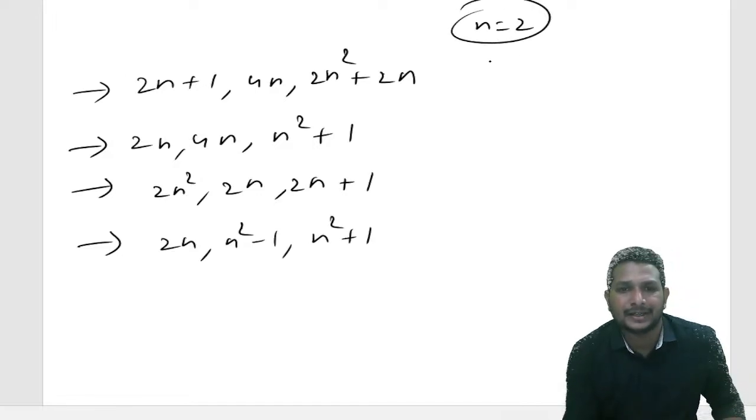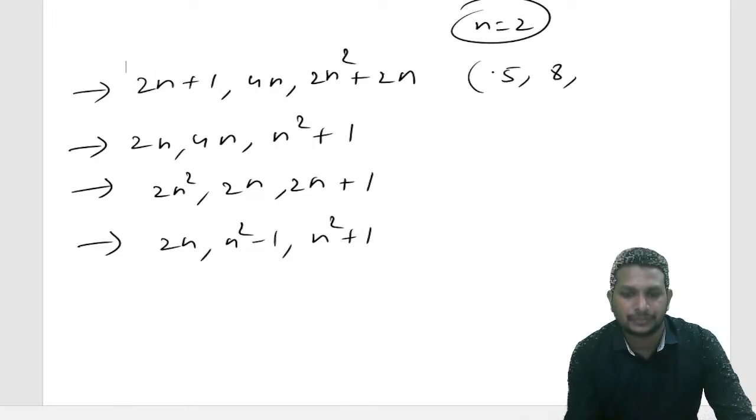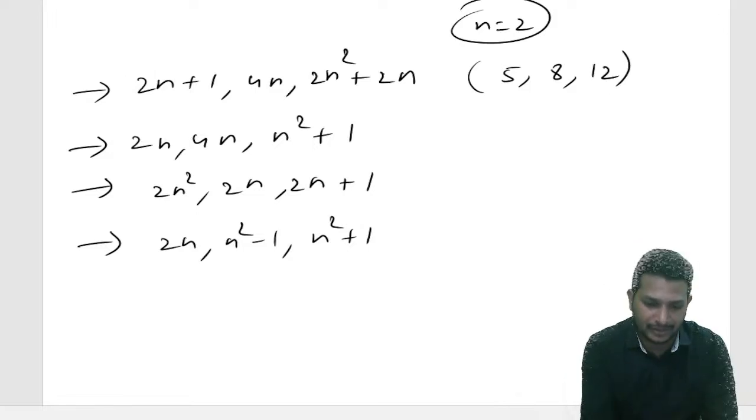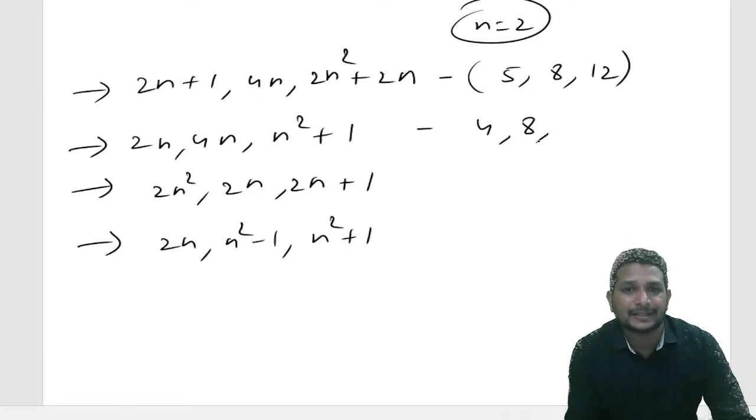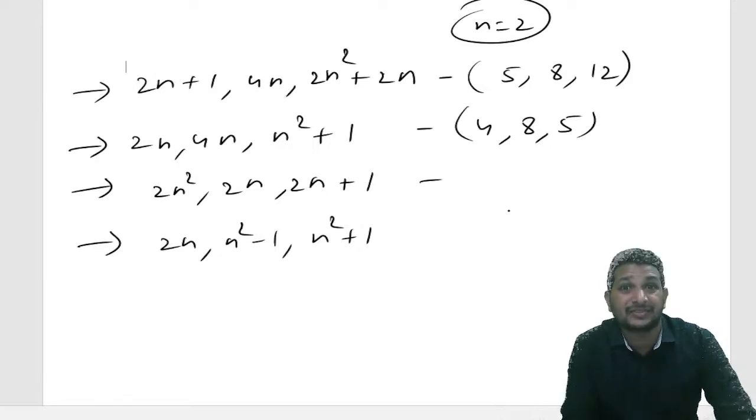So what do I get? 2 into 2, 4 plus 1, 5; 8; 2 into 4, 8 plus 4, 12. 5, 8, 12 we got, that's not possible. Next, substituting n as 2, 2 into 4, 8, 5, 4 is also not possible for the Pythagoras theorem.